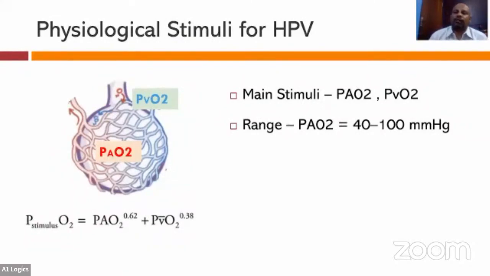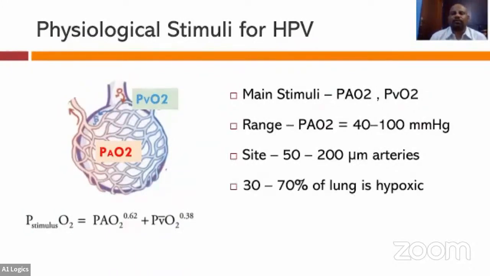Once the alveolar oxygen tension goes below 100, the HPV mechanism in the pulmonary vasculature becomes very strong. And where does this occur? It occurs in small vessels, pulmonary capillaries, which are 50 to 200 micrometers in diameter. And it is very active when 30 to 70% of the lung becomes hypoxic.